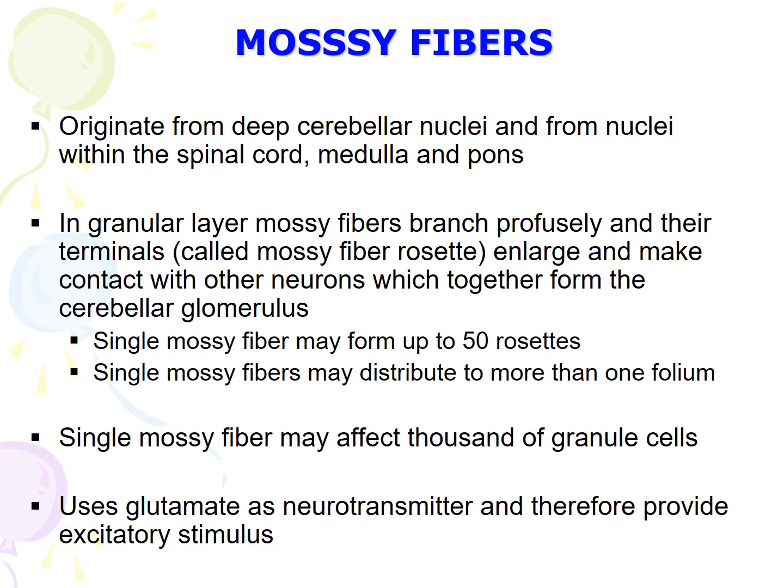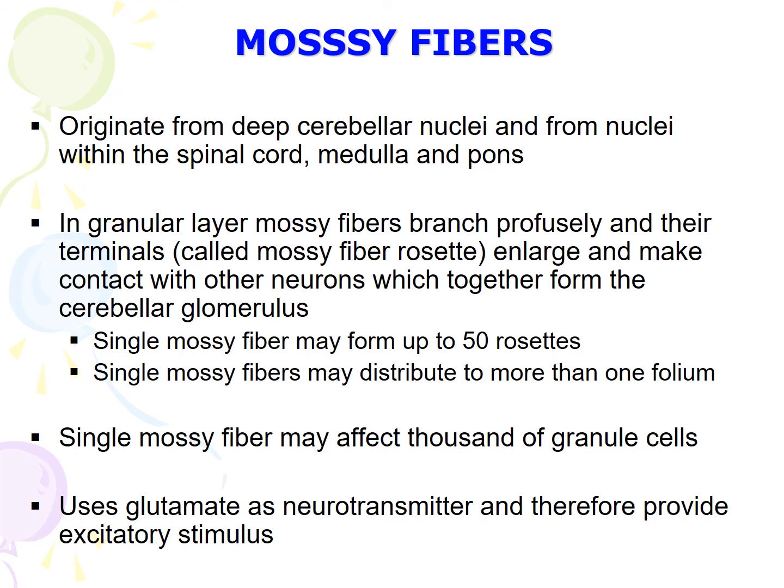Mossy fibers originate from the deep cerebellar nuclei and other parts of the brain, such as the spinal cord, medulla, pons, and many more. In the granular layer, mossy fibers branch profusely, and their terminals, which are called mossy fiber rosettes, enlarge and make contact with other neurons, which gather to form the cerebellar glomerulus.